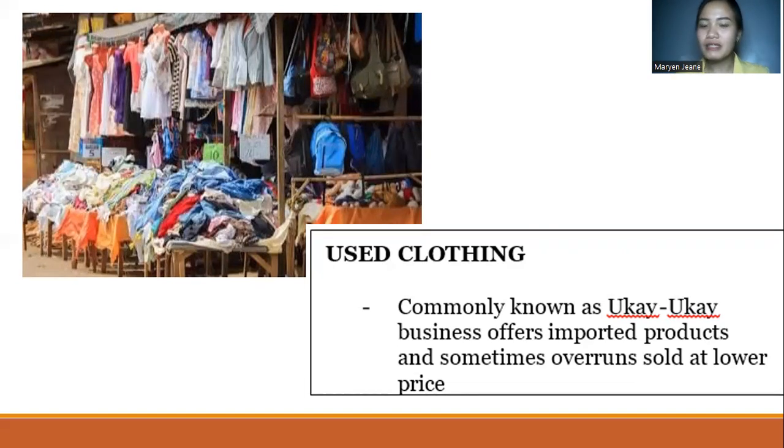So in the ukay-ukay business, there are a lot of important products that you can buy in there, but you have to have patience. Why is it called ukay-ukay? Because you have to ukay it. You can see in the picture that the clothes are in a mountain form, no?